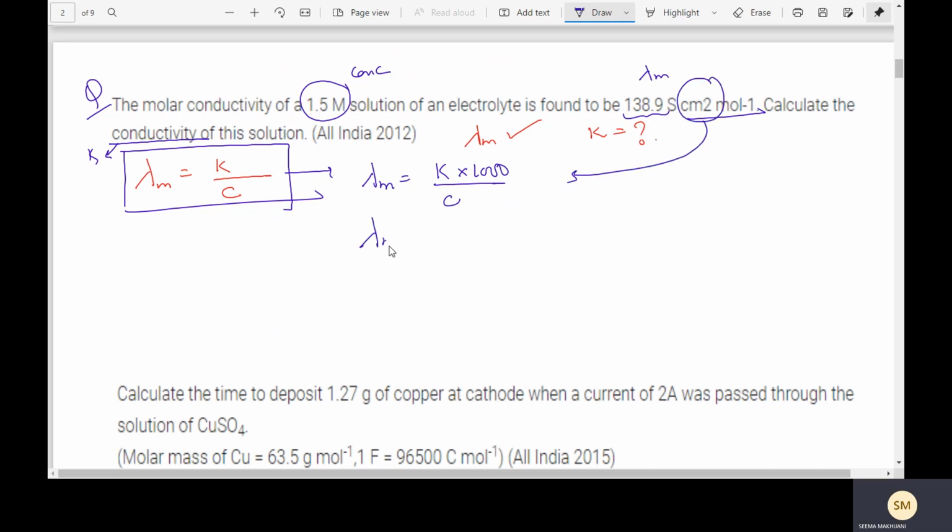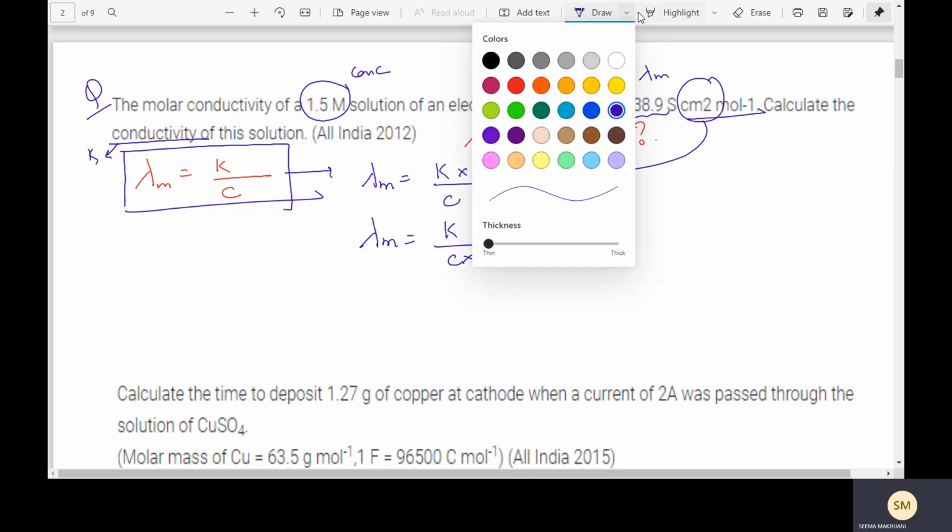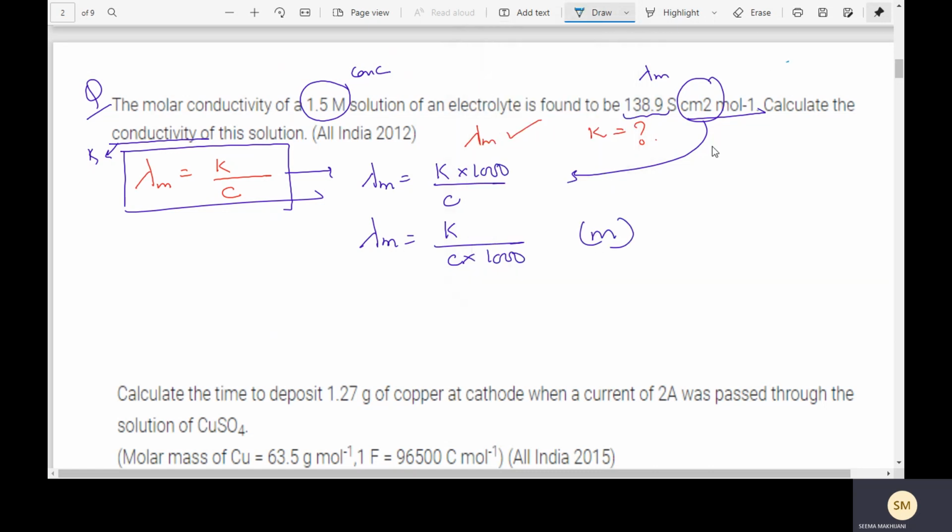And the formula is lambda m is equal to K by C, with 1000 in the denominator, if the units are given in meters instead of centimeters. Since in this question your units are given in centimeters, I will be using this particular formula. Let's substitute the values. 138.9 is equal to K, which is to be found out.